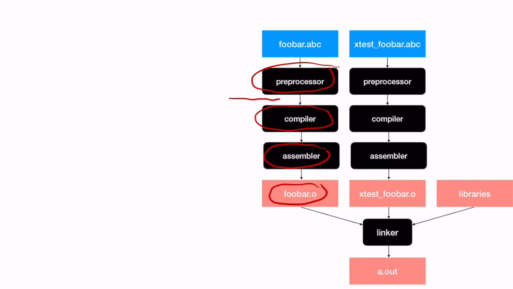For example, the result of the preprocessor you can see when you specify the option -E, which I guess is short for expand. Then you can use the option -S to see the assembly source. And then you already saw that with the option -c, you can see the result of the assembler, which is actually the object code.